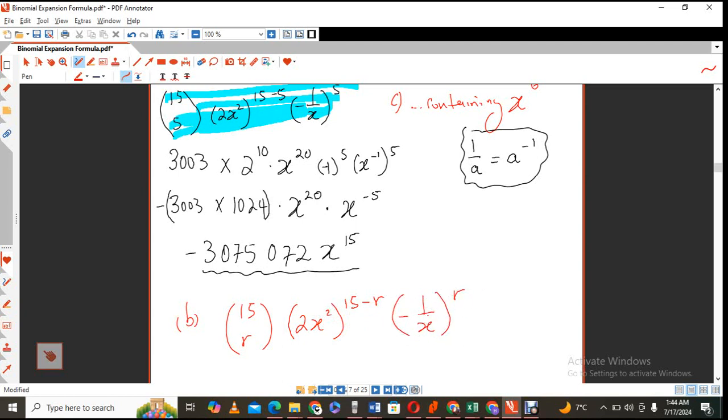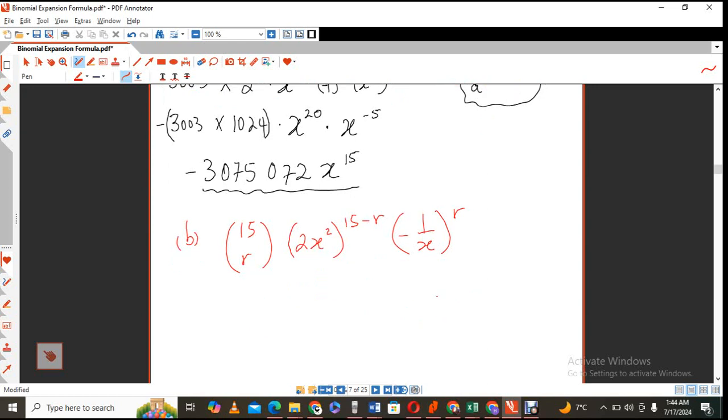Let's get all the constants together: 15 choose r is going to be a number, 2 is raised to the power of 15 minus r, and -1 is raised to the power of r.